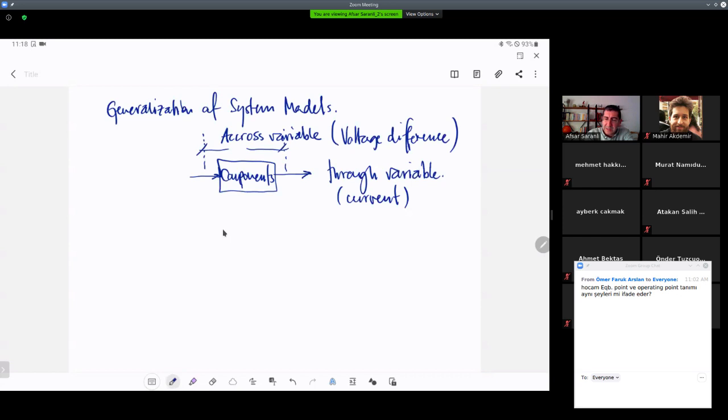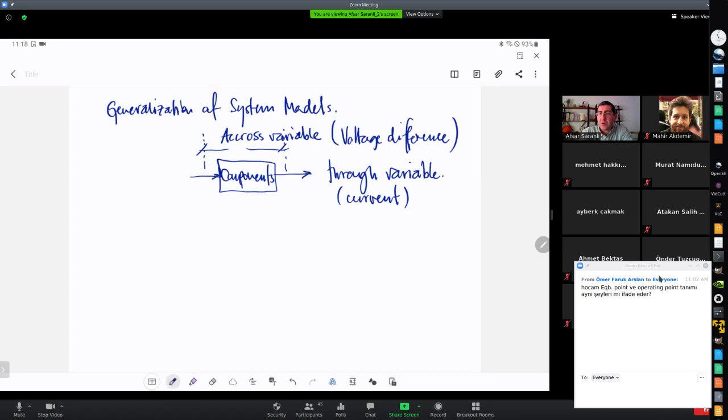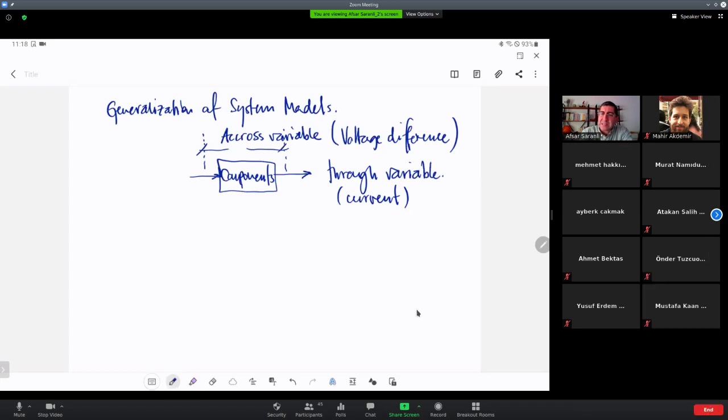Now, let me generalize this. There are other obvious examples. For example, in fluidic systems, the through variable obviously is the fluidic flow, something flowing through components, and the across variable is the pressure difference. Okay?